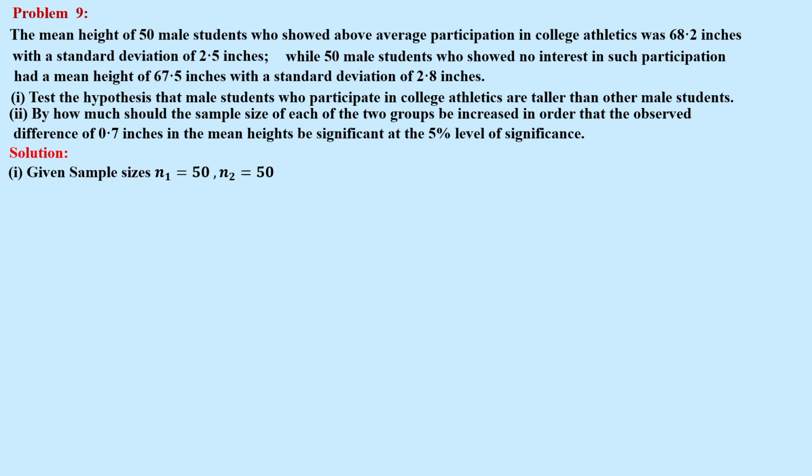The mean height of the athletes is 68.2 inches, so x1 bar is 68.2 and s1 equals 2.5. The non-athletes have mean height 67.5, that is x2 bar equals 67.5, and their standard deviation s2 is equal to 2.8.